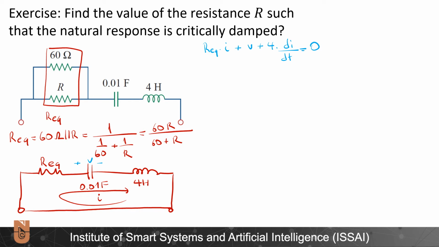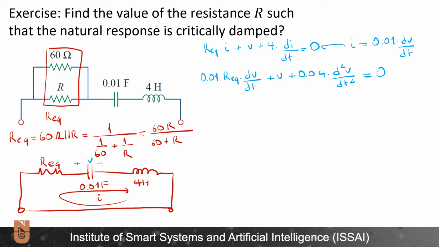Another equation I can write is the constituent relationship of the capacitor, which is I equal to 0.01 times dV over dt. And if I plug this into this equation, I end up with 0.01 R equivalent times dV over dt plus V plus 0.04 times d squared V over dt squared equal to 0.